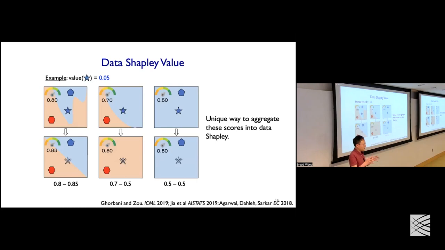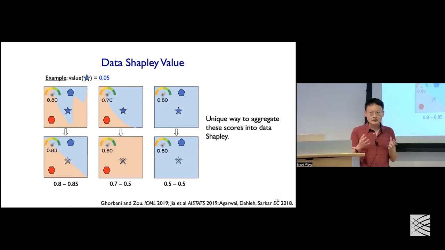The benefit of taking these different scenarios is, first, we now have much more robust estimates of the impact of this particular point, because we're aggregating across these different scenarios. And second, since each scenario corresponds to a different random subset of my data, this also gives me a way to disentangle different interactions between different data points.